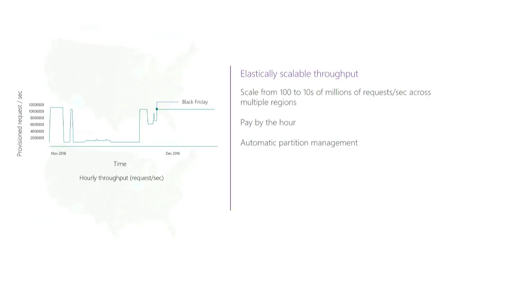And immediately after everyone's spent all their money and Christmas is over, it makes no sense to pay for all this infrastructure, so it's time to scale down. Every November they'll start testing, and as the holiday season approaches, they ramp up from 2 million to 12 million requests per second of provisioned throughput, handle all of this workload, and then dial this back down.